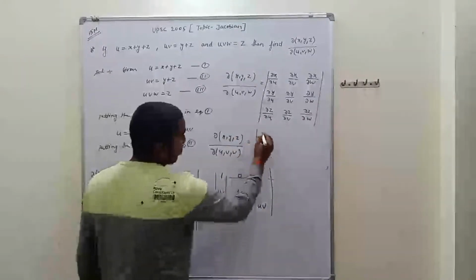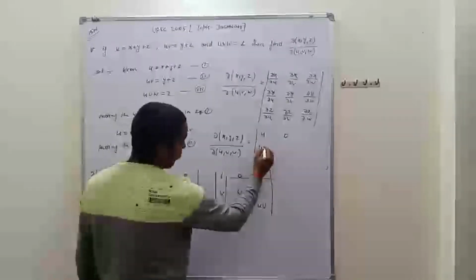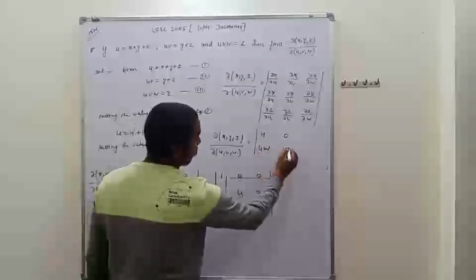then the remaining determinant of U and 0 and UW and VW.